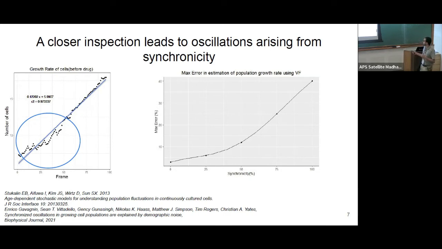And what we saw in this curve was that an error rate of around 22%, which is for our data, corresponded to a synchronicity value between 50 to 75%.